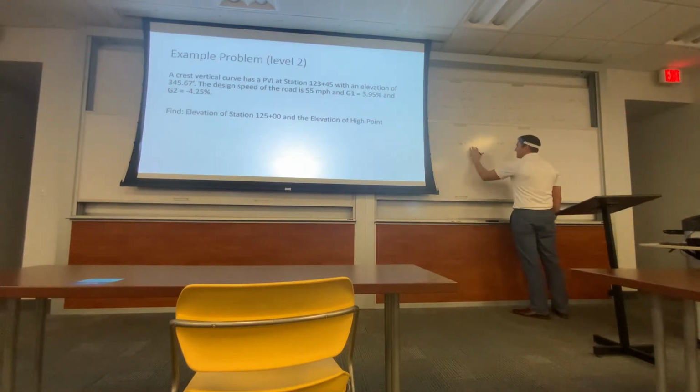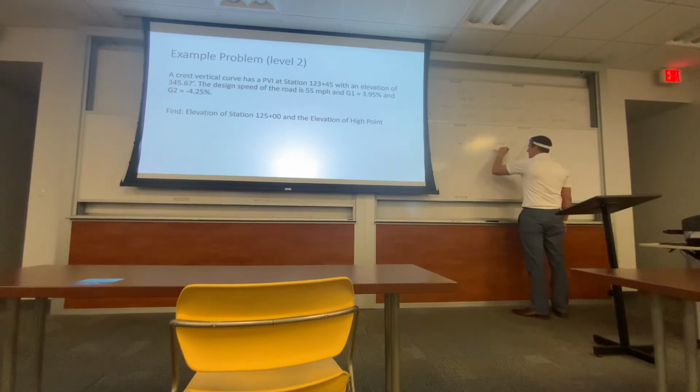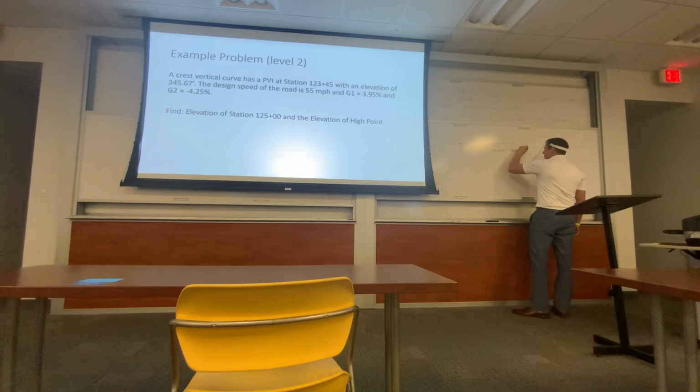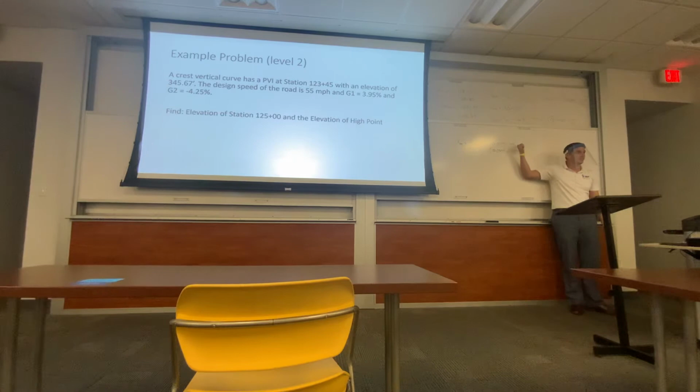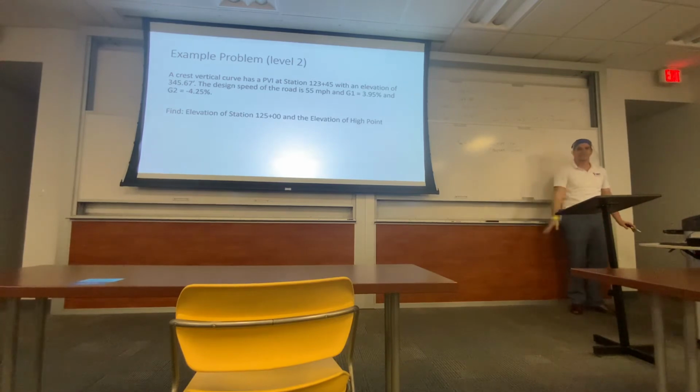Yeah, G1 minus G2. 0.0395 minus negative 0.0425. Because we have a grade in the numerator and a grade in the denominator, we could actually just keep them in percentages, but I don't want to inflate things.